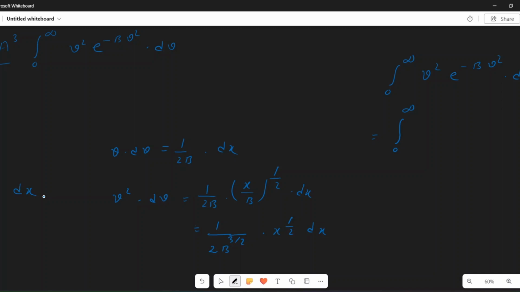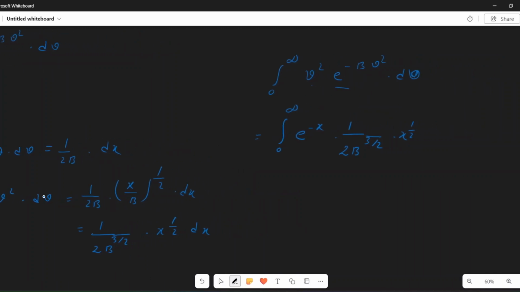Now we can write the exponential term as e to the power minus x, and for the other term, v squared dv, we found 1 by 2 b to the power 3 by 2 into x to the power 1 by 2 dx.